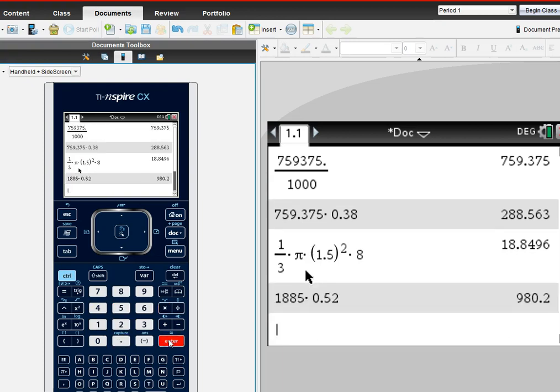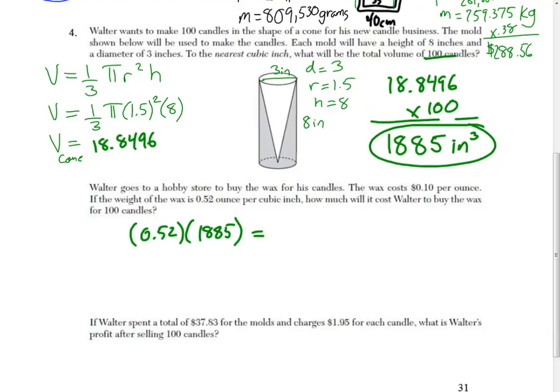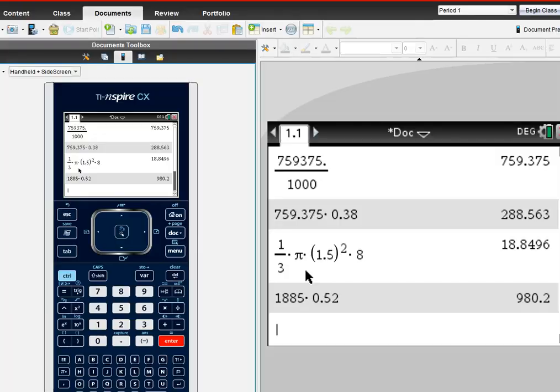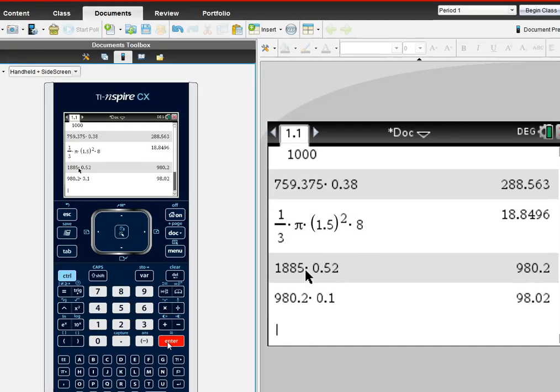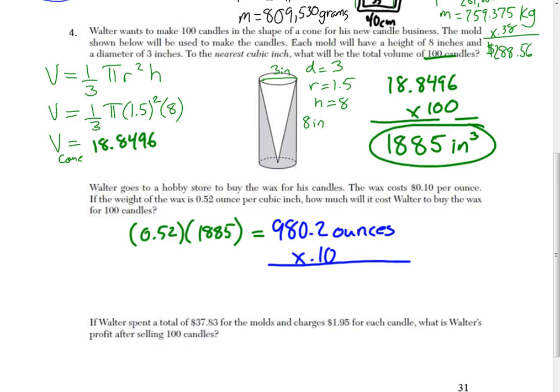That would be 980.2. So we're going to need 980.2 ounces. Now, it costs 10 cents per ounce. So we multiply that times 0.1. And it's going to cost $98.02 for the wax.